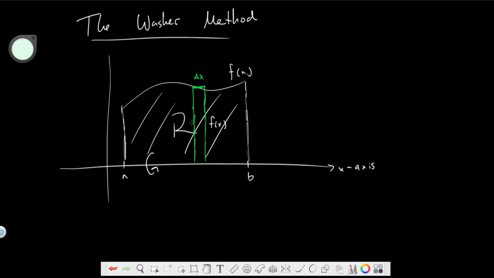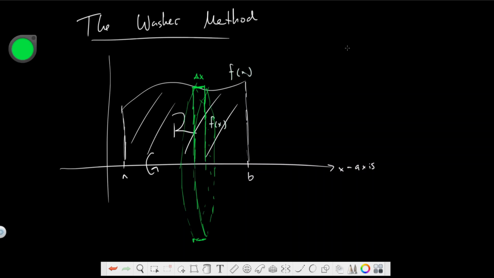If I were to then revolve this around the x-axis, I would get a disk. Let me do the best job I can in drawing that. So it's going to be down here. Now we have this disk here. What is the volume of this disk?